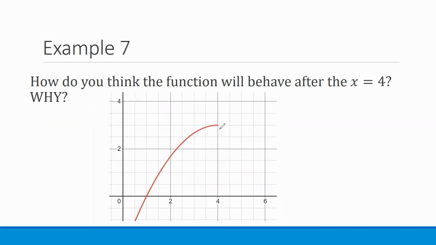Or you could say, well, it looks like it's going to start trending down. It's going to keep that negative concavity, or concave down here. So maybe you think, well, it's going to probably keep that negative concavity and do something like this.